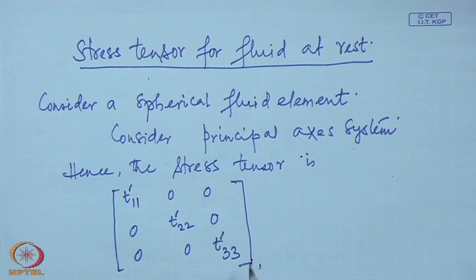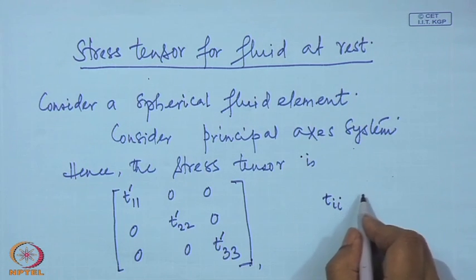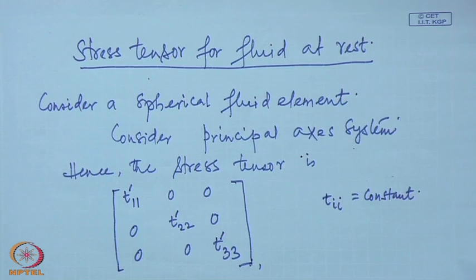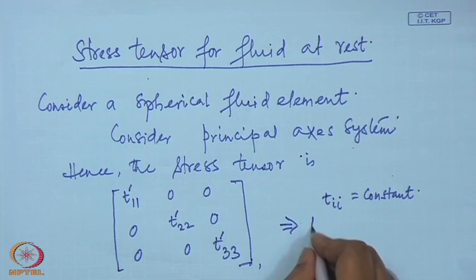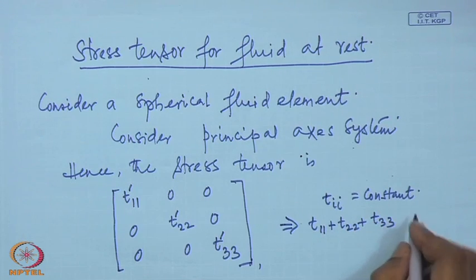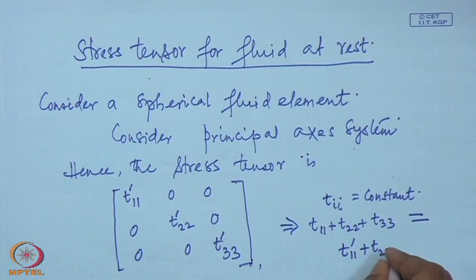However, we know that this is an invariant: Tii equals constant. Tii means T11 plus T22 plus T33, and that is constant, which means the same as T11 prime plus T22 prime plus T33 prime. So, this implies that for any condition T11 plus T22 plus T33 equals T11 prime plus T22 prime plus T33 prime.